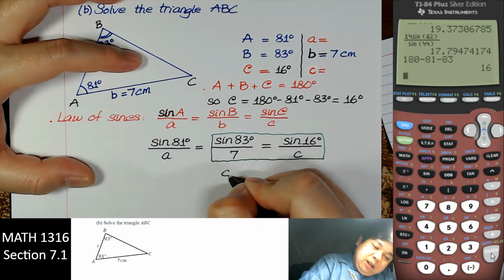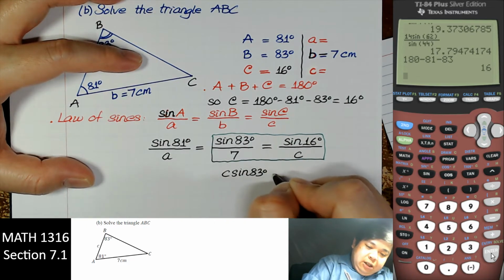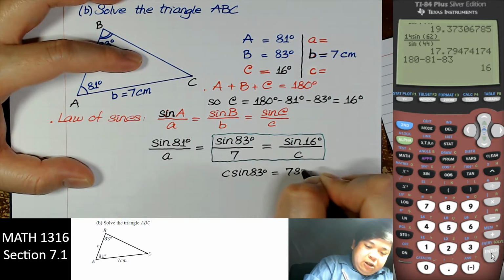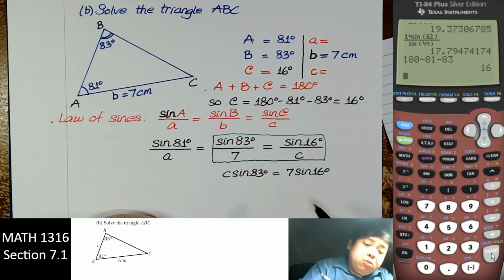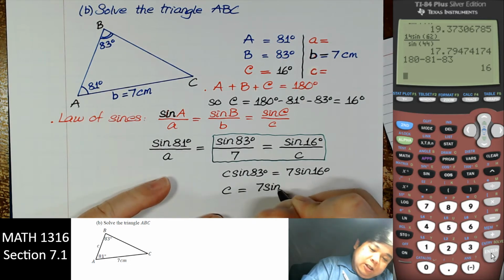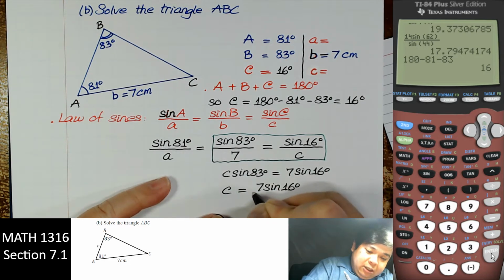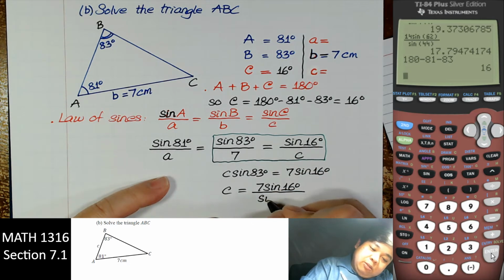C times sine 83 degrees equal to 7 times sine of 16 degrees. Cross multiply, C equal to 7 sine of 16 degrees divided by sine of 83 degrees.